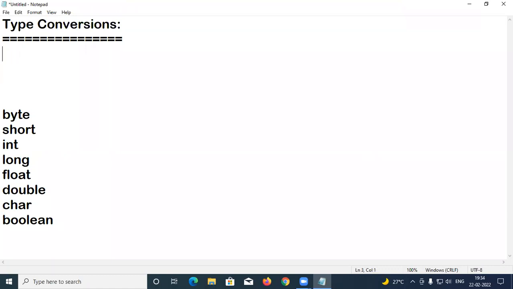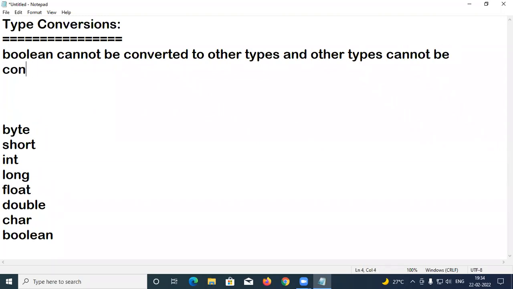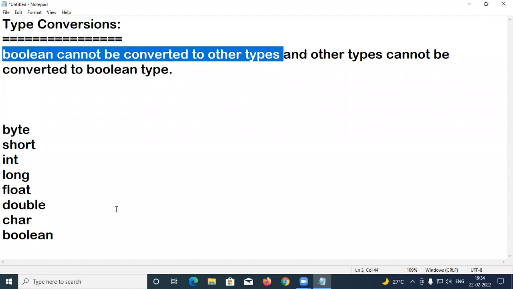Boolean cannot be converted to other types, and other types cannot be converted to Boolean type. You observe? What I said, Boolean cannot be converted to other types.